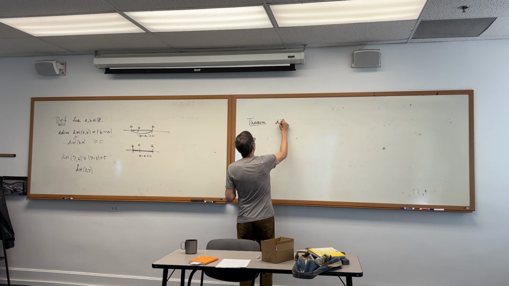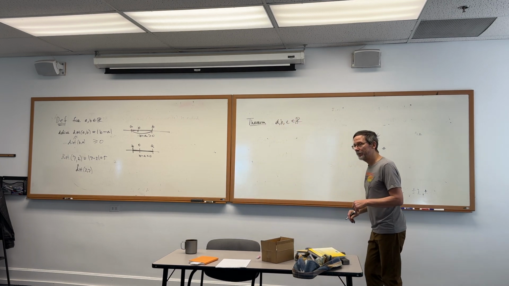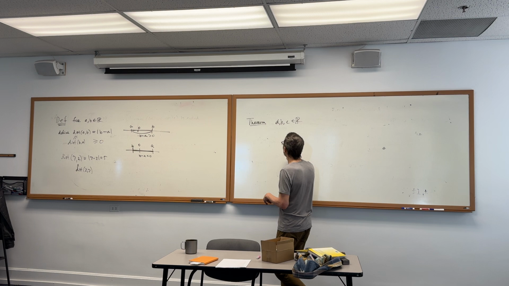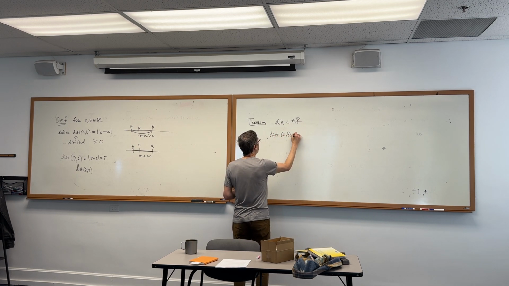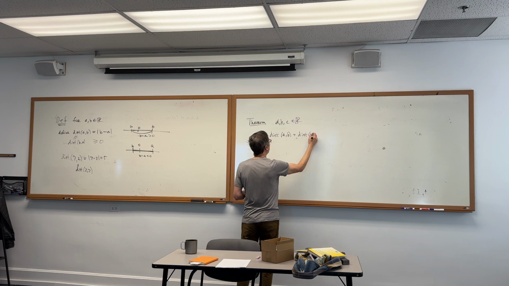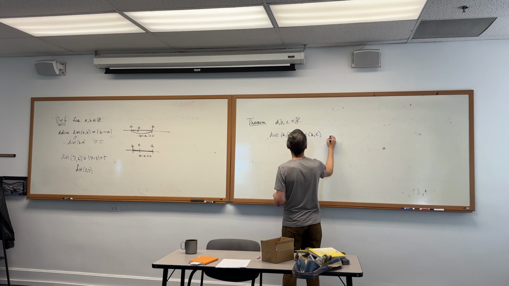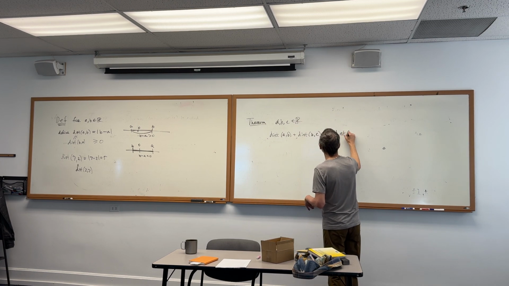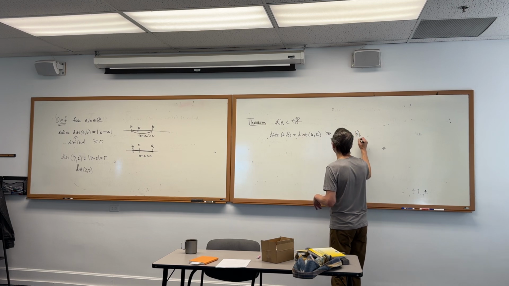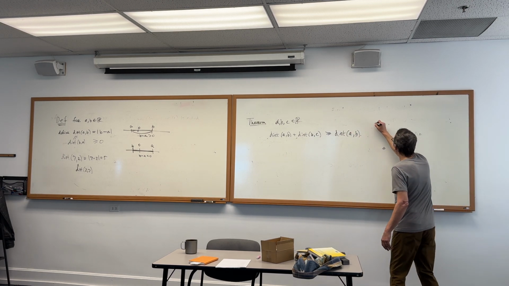For A, B, and C that are real numbers, the distance from A to B plus the distance from B to C is greater than or equal to the distance from A to B. Draw a picture.